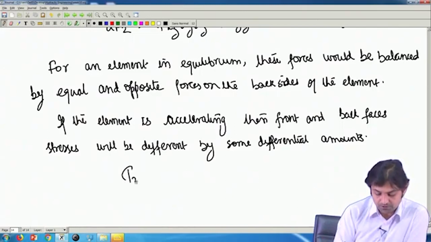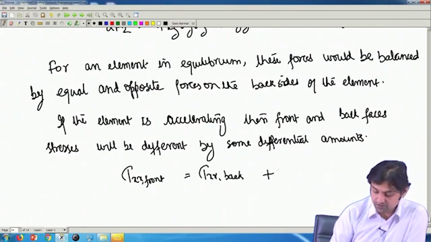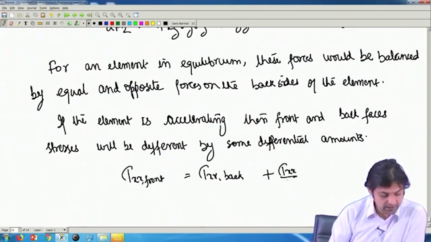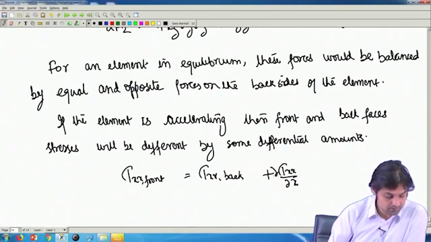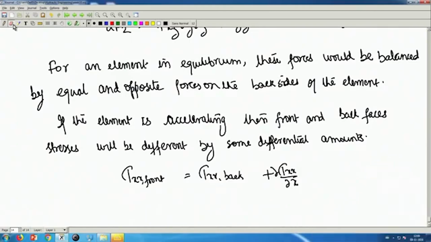So suppose tau xx front, it is going to be tau xx back plus the differential, del tau xx by del x into dx. We call this equation number 5. All right.